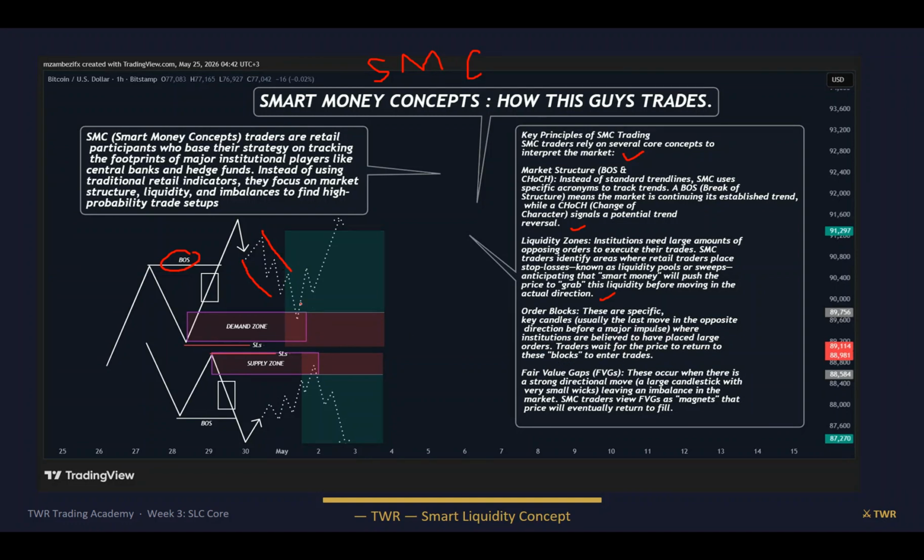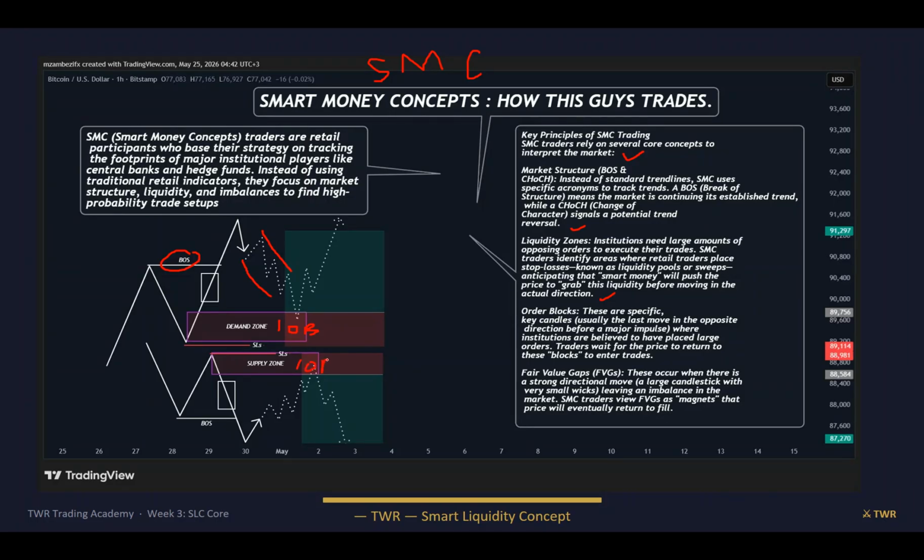So we have something known as demand zone or supply zone. For a buy, this one is a demand zone or order block. For a sell, this one is a supply zone or an order block.